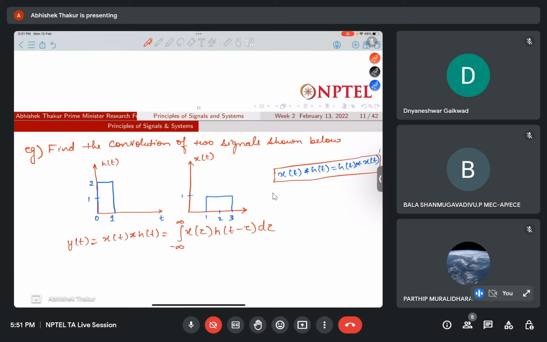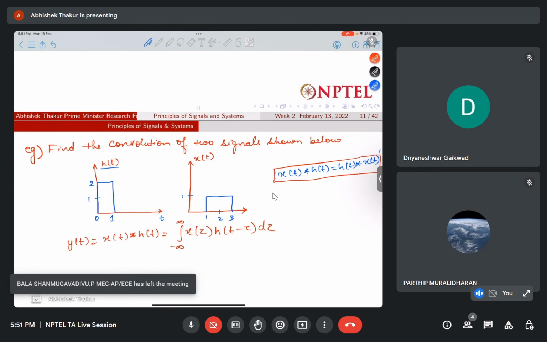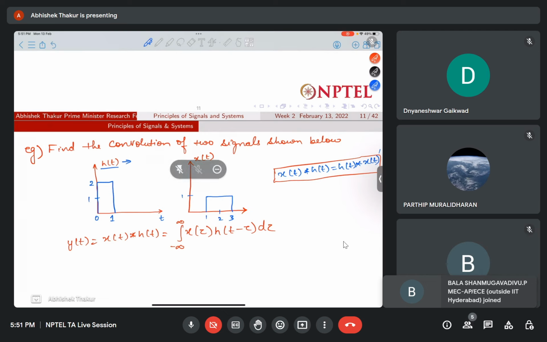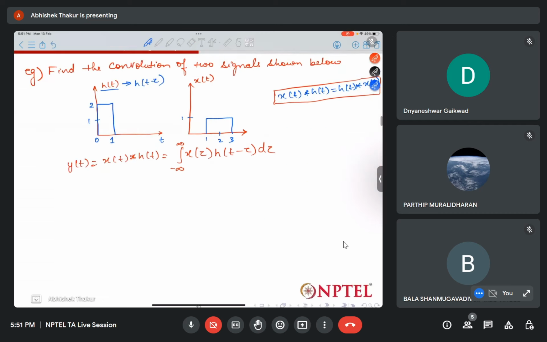So first we will convert this ht into h t minus tau. Okay, so we will convert ht into h t minus tau and xt into x tau, and then we'll multiply them and integrate to get the convolution.